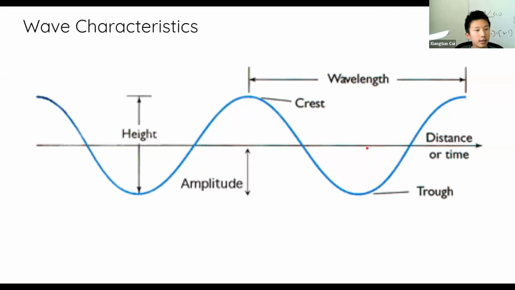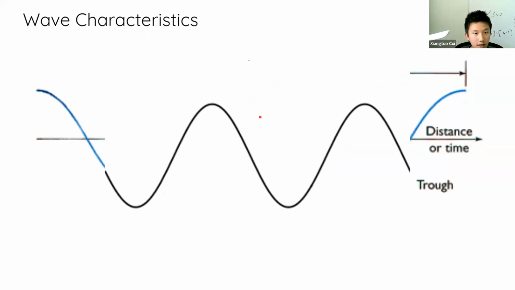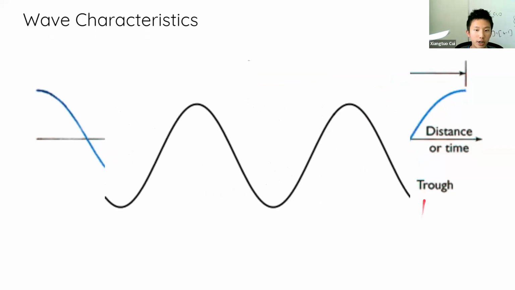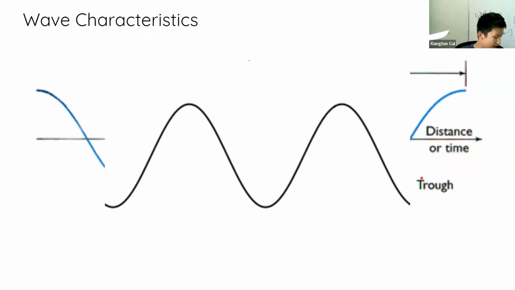And finally, there are two other characteristics not mentioned in this graph. One is called the period and the other is called the frequency. The period is how long a single wave takes to go up and down. So you can see in this animation here, the amount of time needed for one up and down motion to occur, that is a wave.